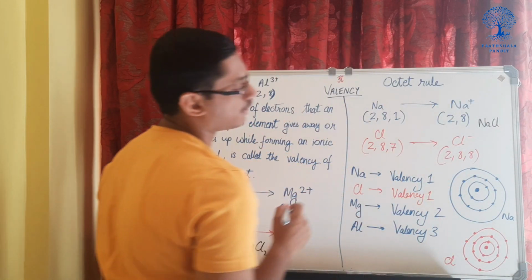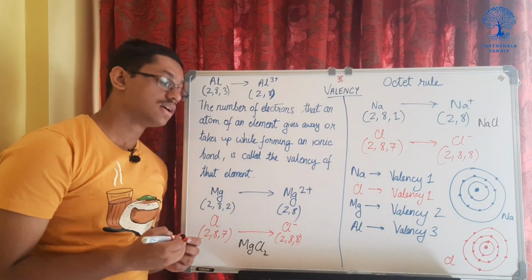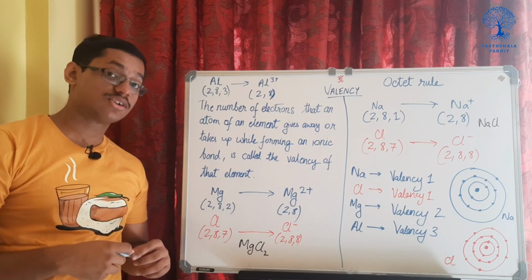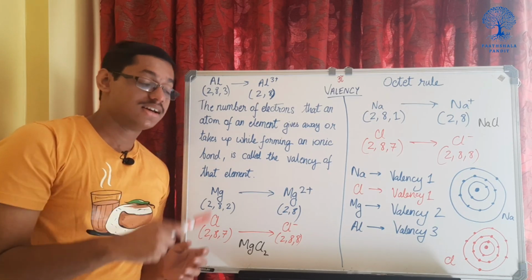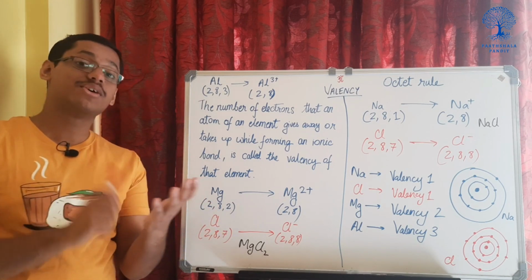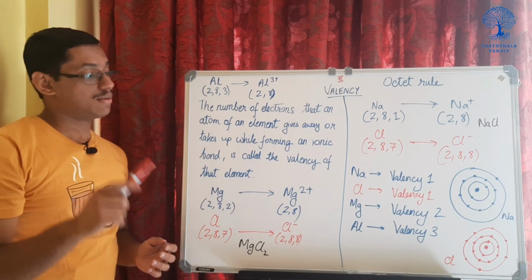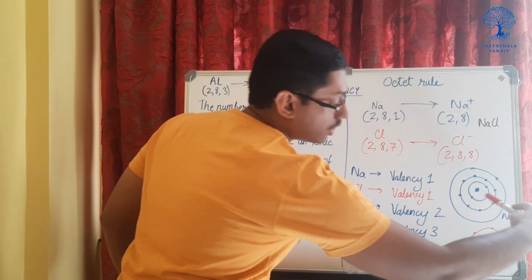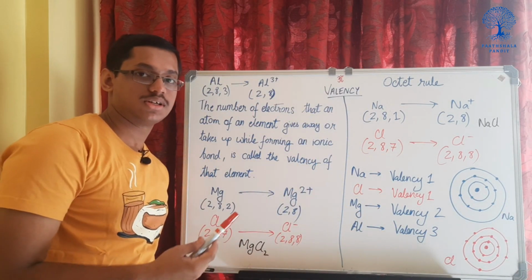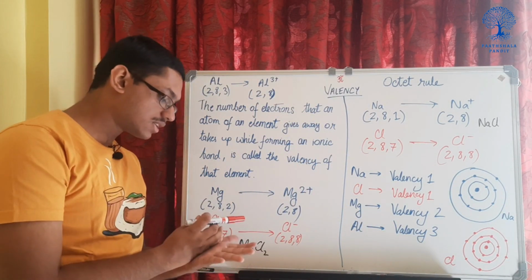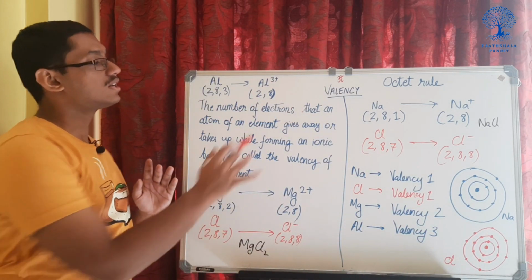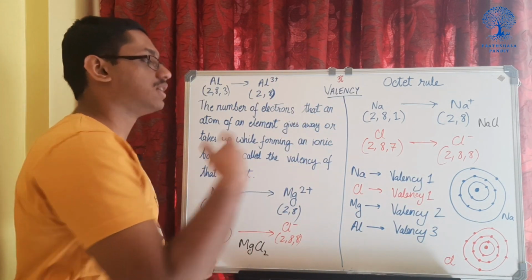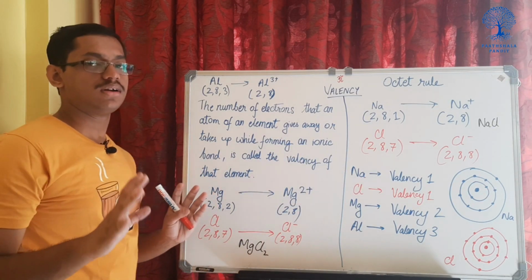Now tell me the number of valence electrons in chlorine. Correct, the number of valence electrons in chlorine is 7, because in the outermost orbit there are 7 electrons. That simple it is. The number of valence electrons is the number of electrons in the outermost orbit. What is valency? The number of electrons it can give or take. Simple.